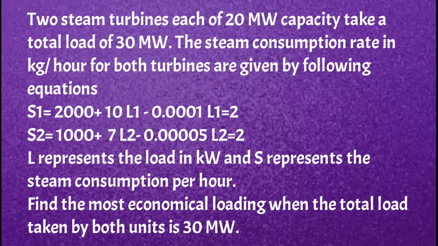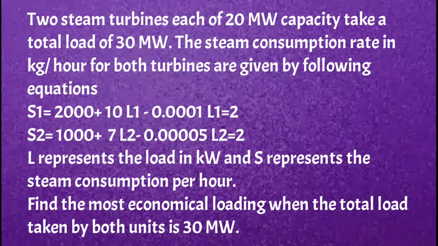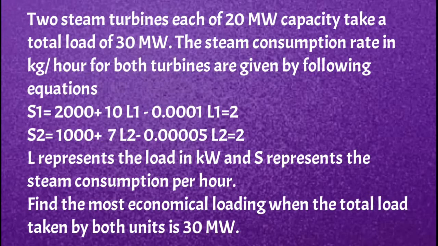Two steam turbines each of 20 megawatt capacity take a total load of 30 megawatt. The steam consumption rate in kilogram per hour for both turbines are given by the following equations. S1 is equal to 2000 plus 10 L1 minus 0.0001 L1 square.